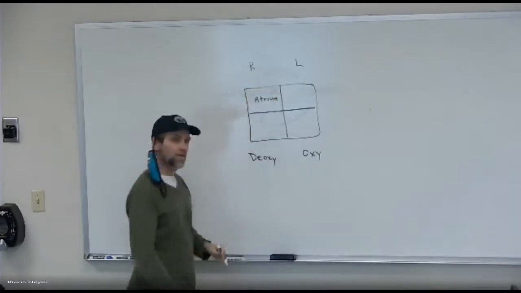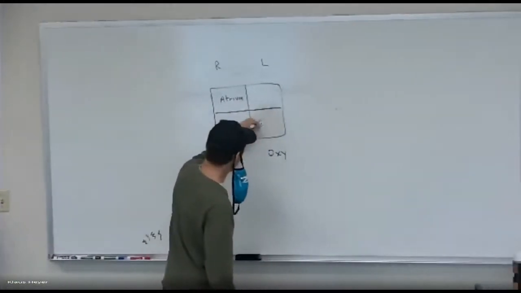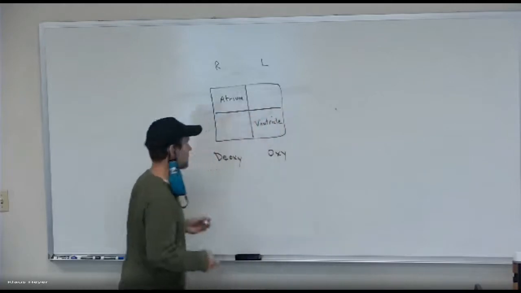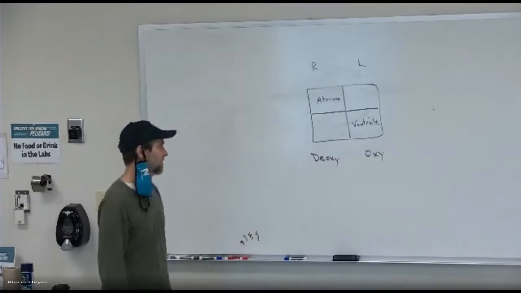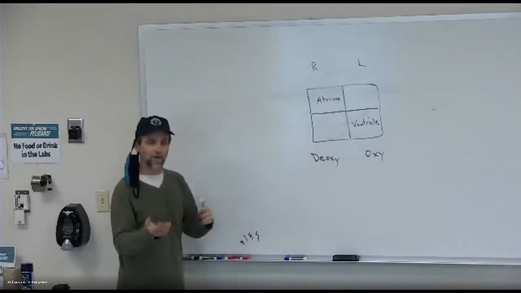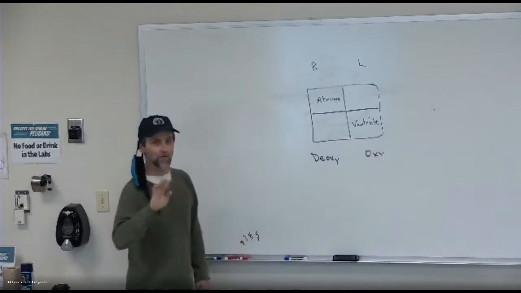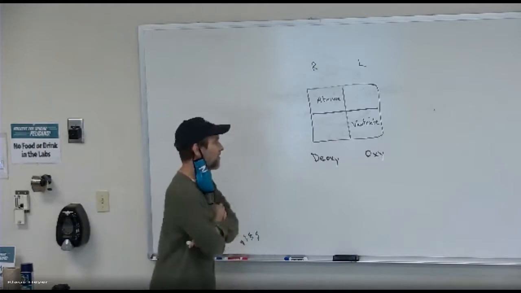Those receive blood, and then you have the parts sending the blood out, ventricles, or ventricle for singular. So you have a right atrium, right ventricle, left atrium, left ventricle. Those are the four chambers of the heart.